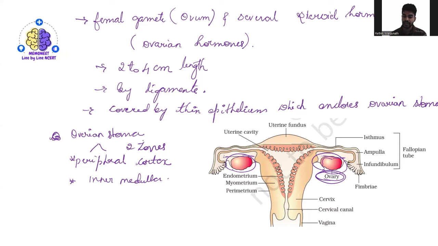Then you will also find the fallopian tube, which is also called the oviduct. I have spoken about the ovary, and now I'm going to talk about the fallopian tube.